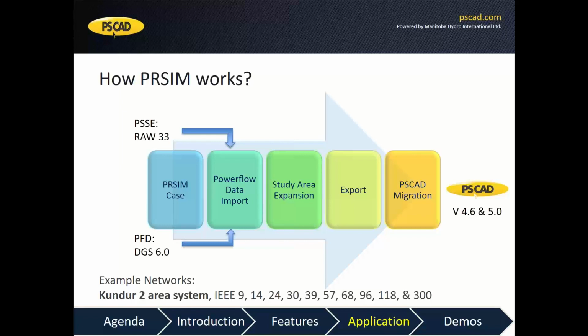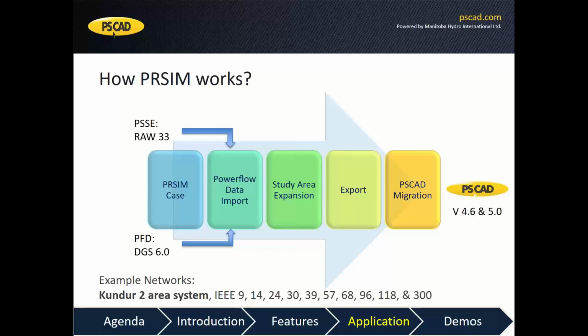You create a PRSIM case, and once you have that power system information ready, all you need to do is three simple steps: import the information, expand your desired study area, and finally export it to PSCAD. Again, three simple steps: import, expand, export.